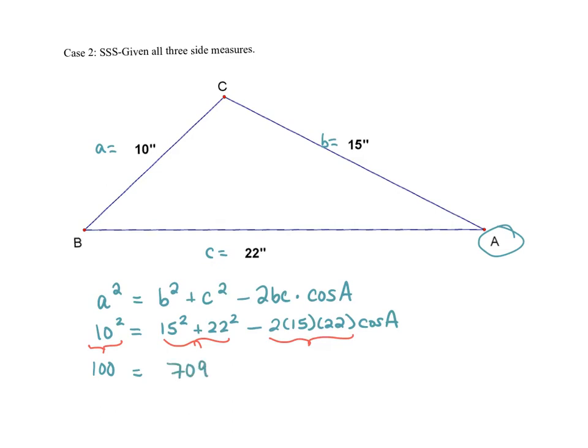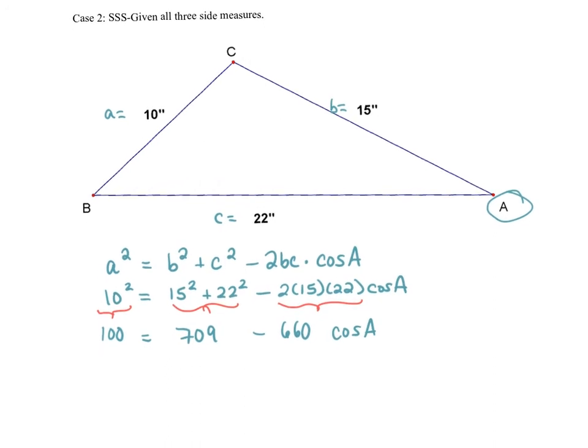This is just stuff you could do in a calculator. 2 times 15 times 22 is negative 660 cosine A. I'll then move the 709 to the other side, so I'll subtract 709, and you get the same process that repeats itself in all these problems. Negative 609 equals negative 660 cosine A.